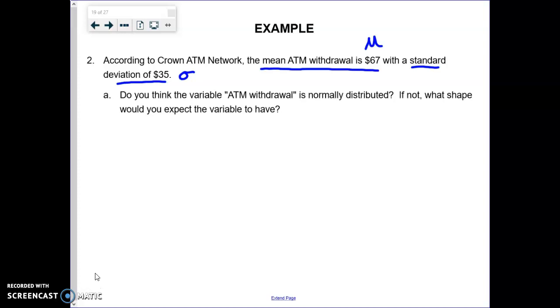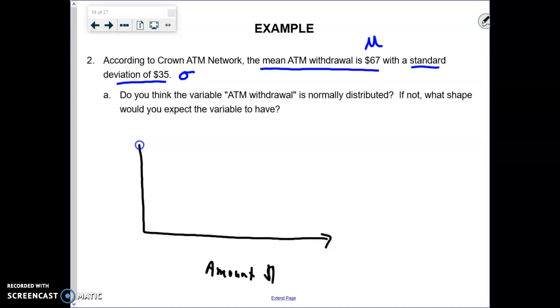So if we take a look at this and we draw a histogram, if this for instance was the amount of the withdrawal, and this was our frequency, in other words, how many withdrawals of that amount, where would you expect most of these withdrawal amounts to be? Sorry, that should be a dollar sign there.